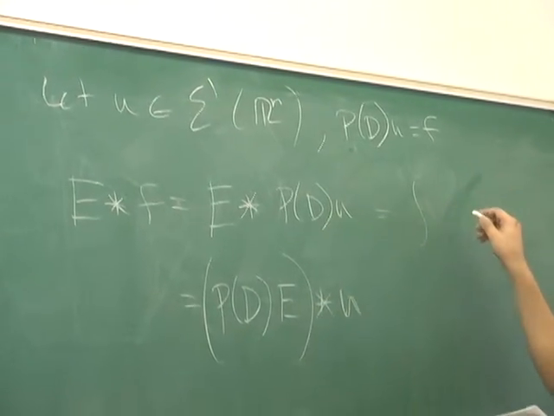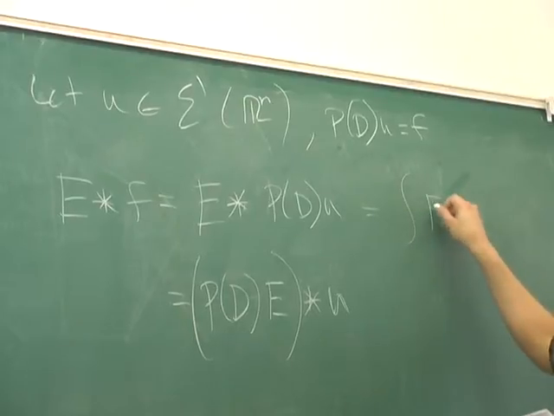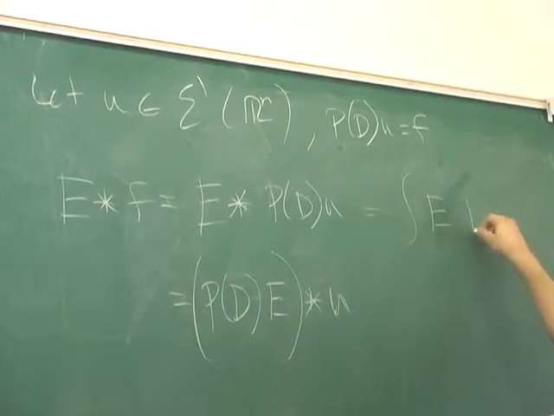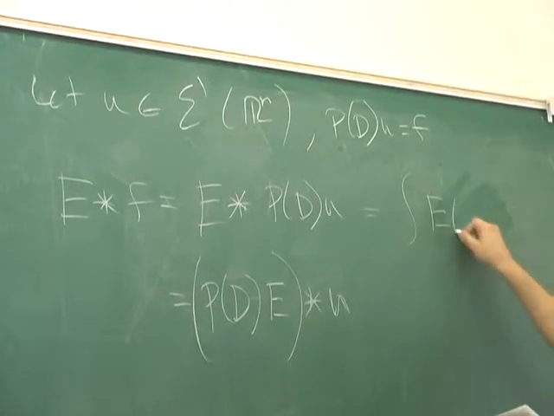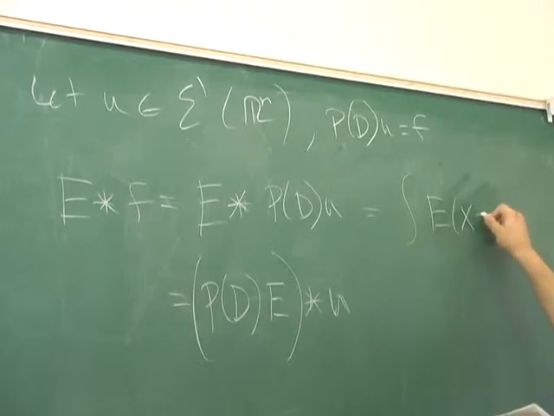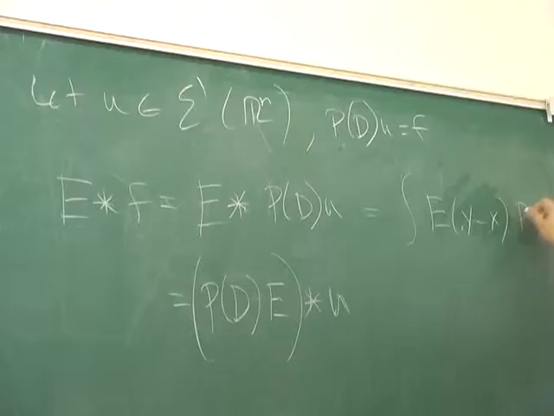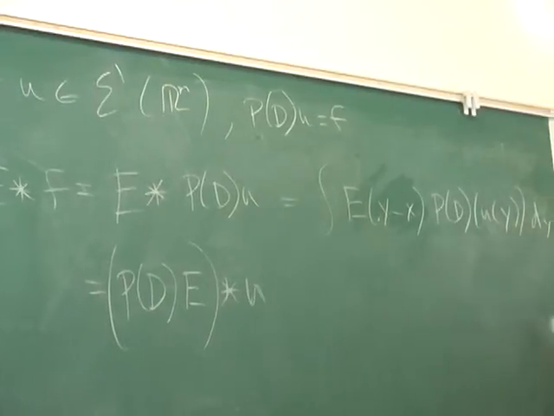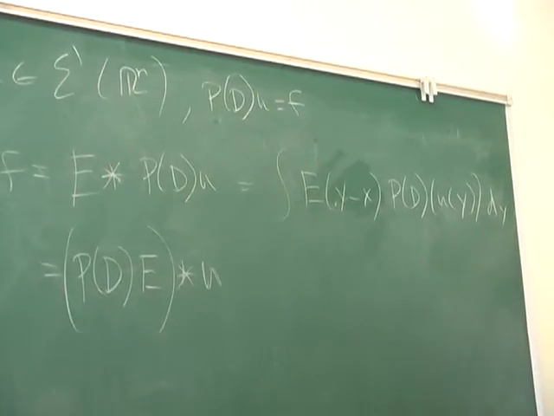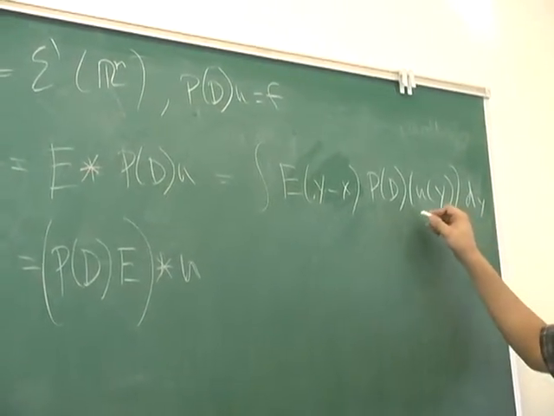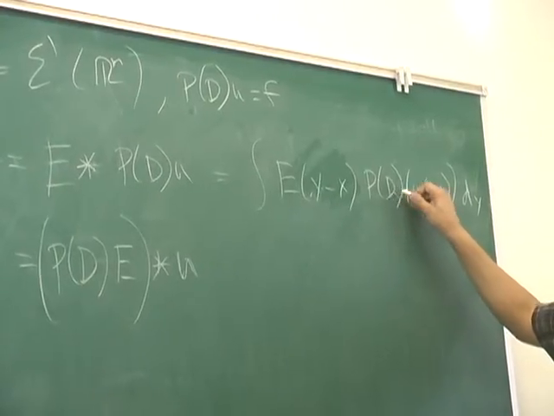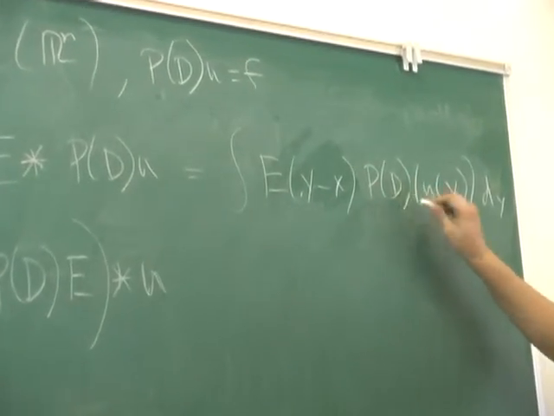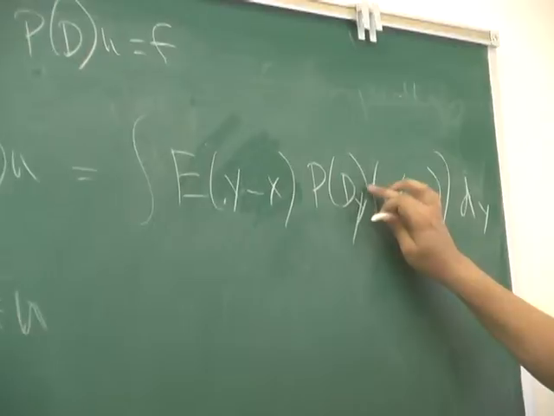Well, just write it as an integral and then integrate by parts and you'll see that. Just put an index y on D, so D_y, not x.